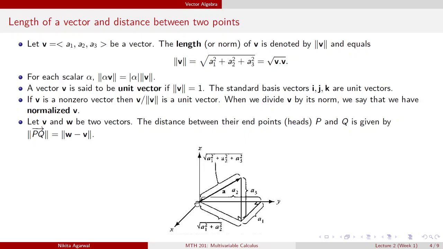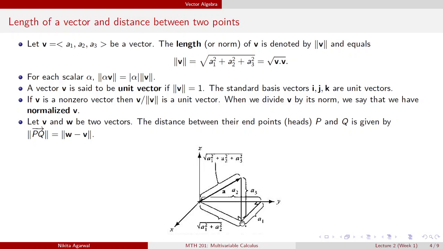It's nothing but this distance, which is this quantity that we have defined. So how do you get this quantity? You can see that if I drop a perpendicular from this point to the xy plane, I get the z coordinate, which is nothing but a3. So this height is a3.